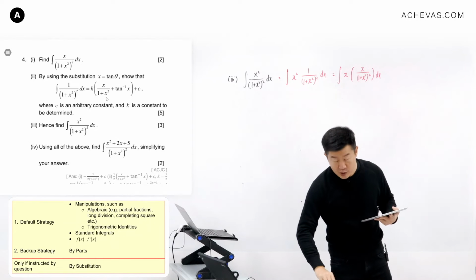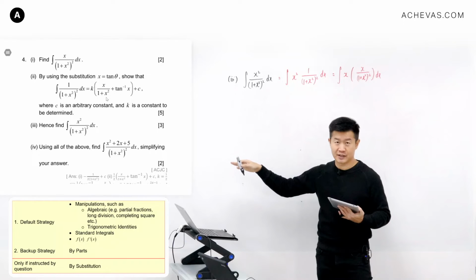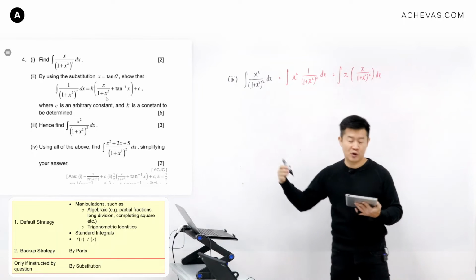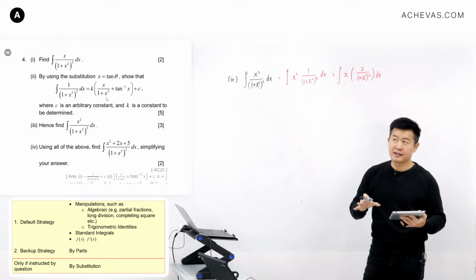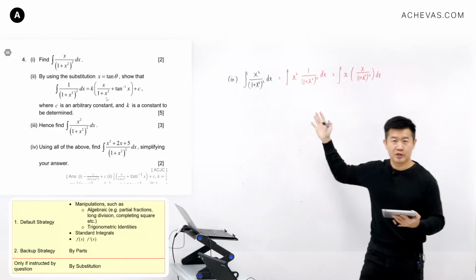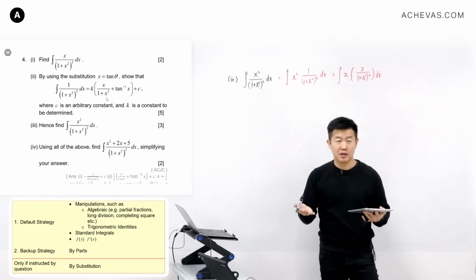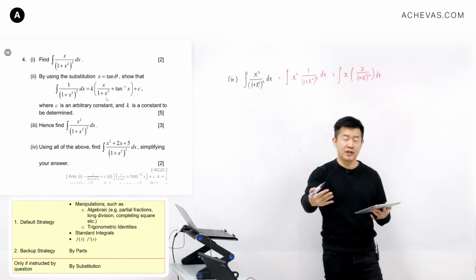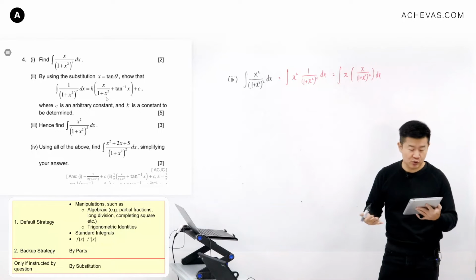But the thing is, for integration, other than trying out the default strategy first before applying integration by parts, one other very useful tip that I want to give you is that whenever you are stuck, especially when you are trying to find an option to integrate, it is okay. Your aim is to do a bit more experimentation, a bit more improvisation in order to find different ways to move on in your integration. It is part and parcel of the entire H2 Math anyway, to do exploration, to do a bit of trial and error.